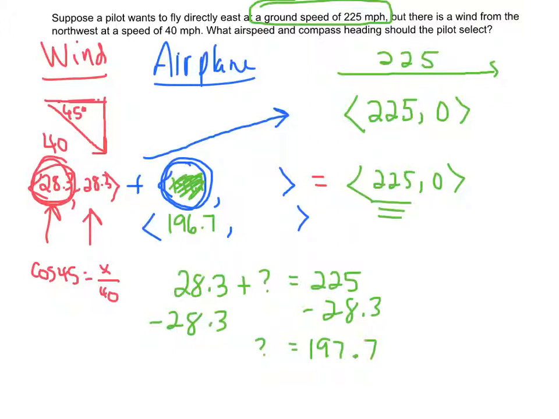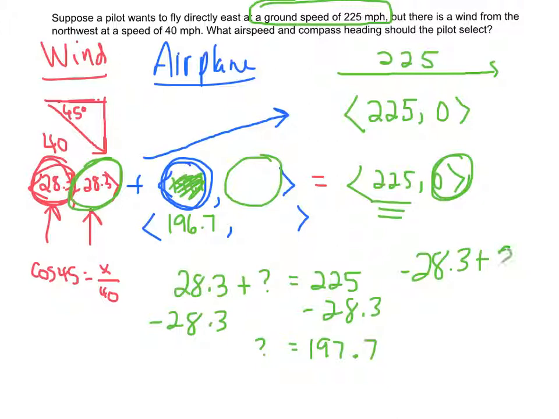And then I know that I'm now going to look at the y values. So if I take negative 28.3 plus whatever this is, I need to get 0. So negative 28.3 plus, we'll say question mark again, equals 0. So if I add 28.3 to both sides, that tells me that it should have had 28.3 miles per hour in the northern direction.